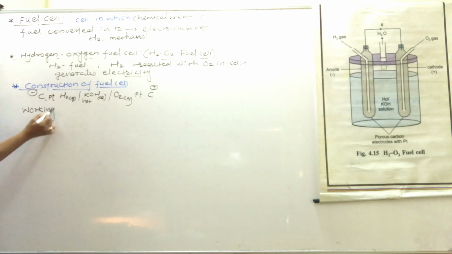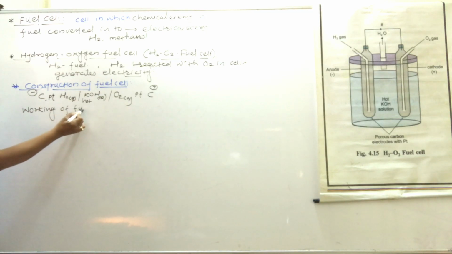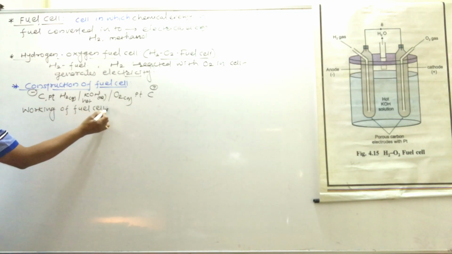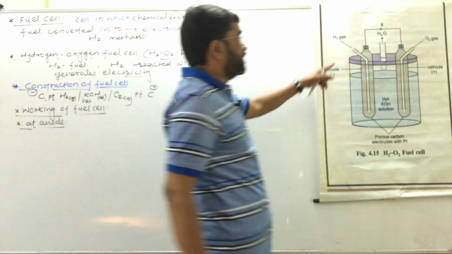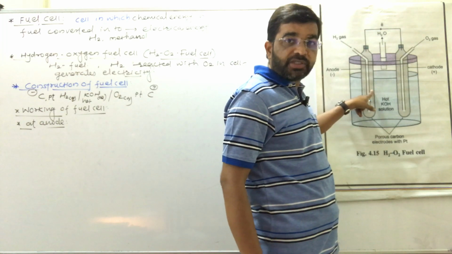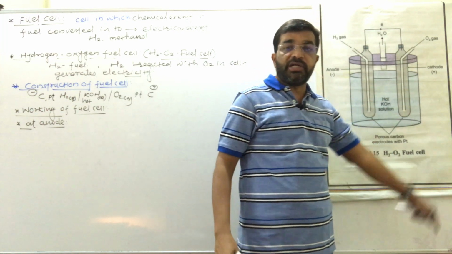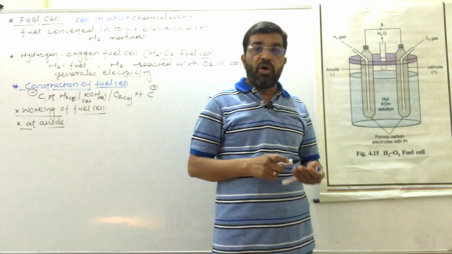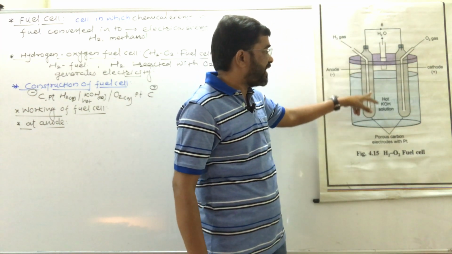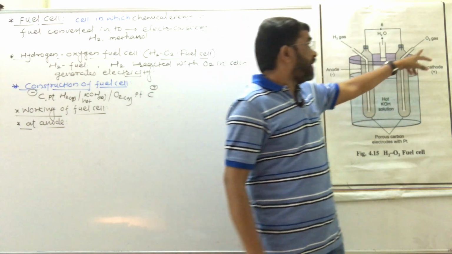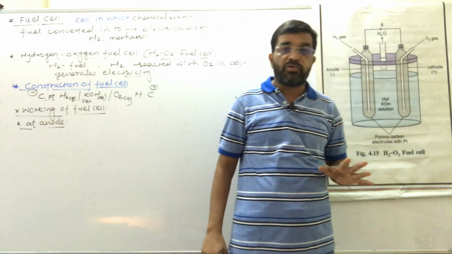Now let us see the working of the hydrogen oxygen fuel cell. When the cell is connected externally by a metallic wire, oxidation takes place at the anode and reduction takes place at the cathode. Hydrogen gas is passed at the anode and oxygen gas at the cathode.